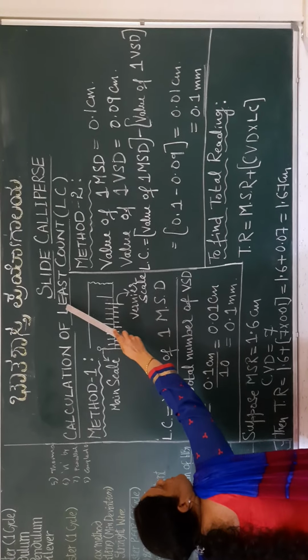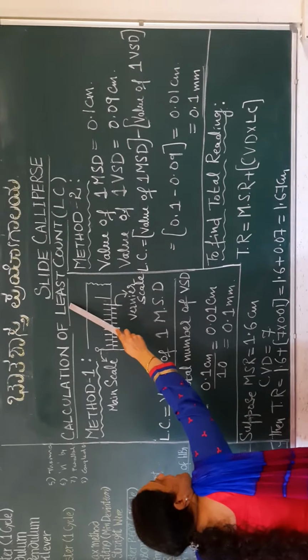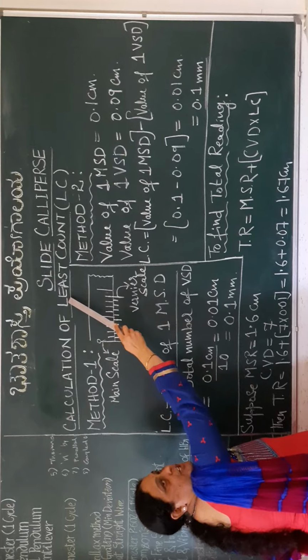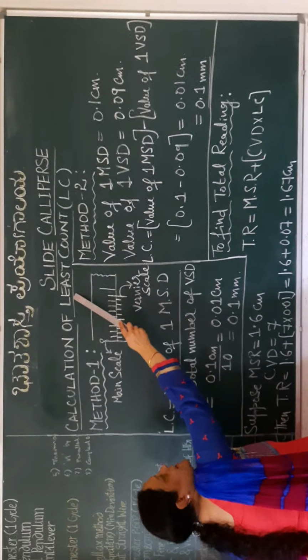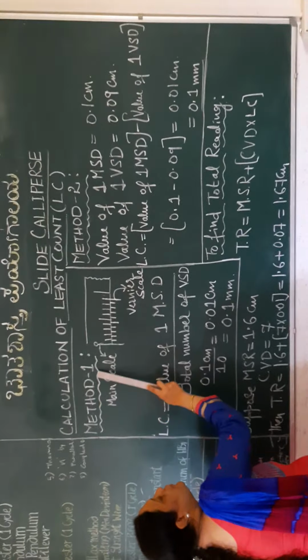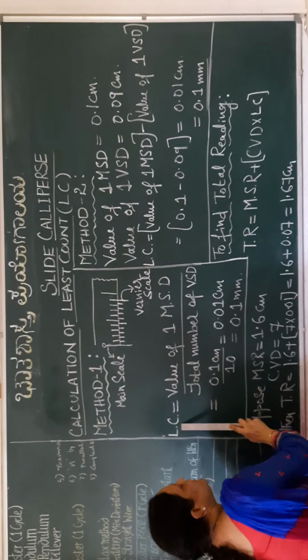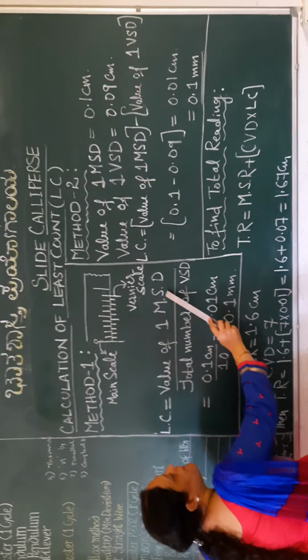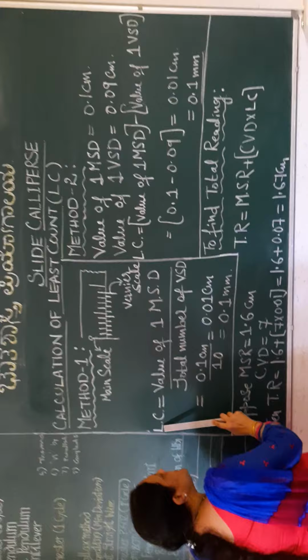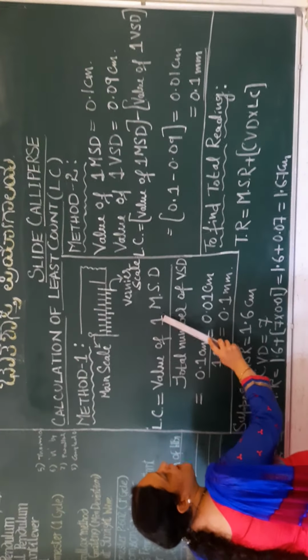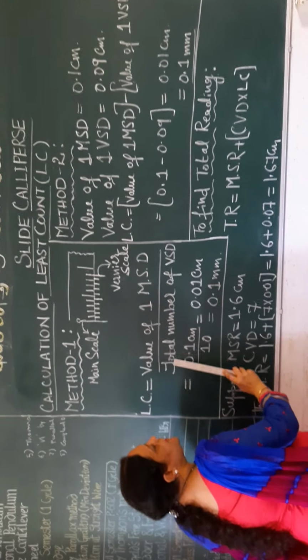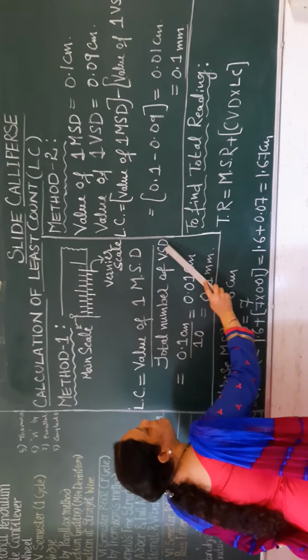Least count is the minimum possible value that can be measured using any instrument. In method 1, the formula we use to determine the least count is equal to the value of 1 MSD divided by the total number of divisions on the vernier scale.